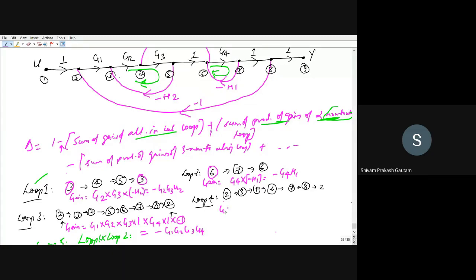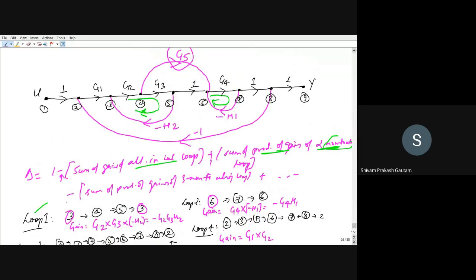Now loop 4. What is the gain? G1 multiplied by 3 to 4, G2. 4 to 6, G5. 6 to 7, G4. 7 to 8, 1. 8 to 2, minus 1.